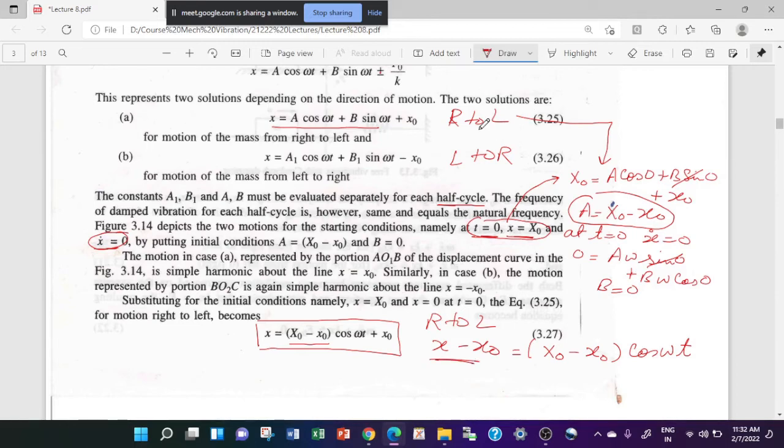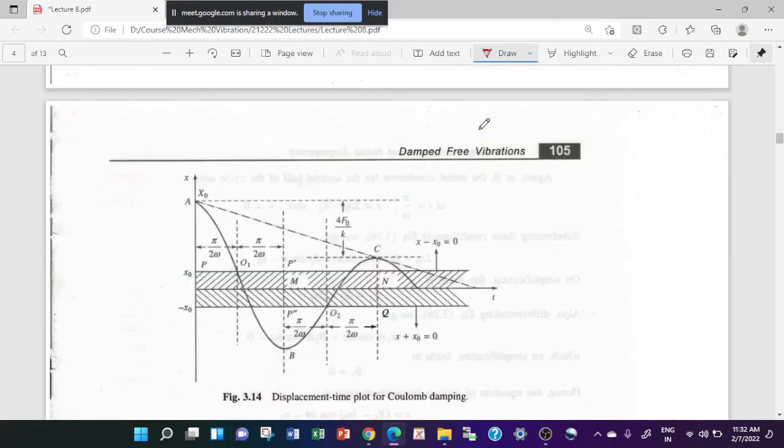So I can explain this one in this figure. For the first half, if I consider this is your right side and this is your left side, this is the t, and for this x is equal to 0 here.